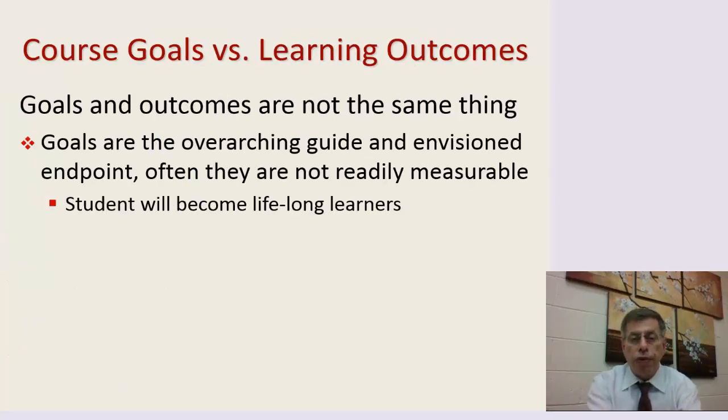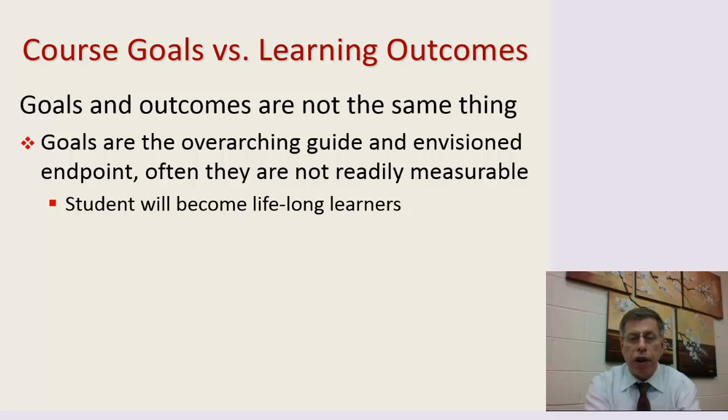When people first start working with learning outcomes, there's sometimes a confusion between course goals and learning outcomes, and sometimes the terms are used interchangeably. People will talk about learning goals versus learning outcomes, or course outcomes versus learning goals. But goals and outcomes are not the same thing.